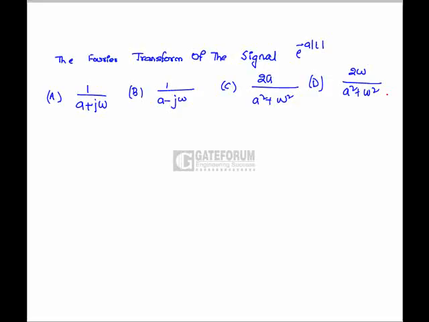What is the Fourier transform of the signal e power minus a mod t? So we can write e power minus a mod t as e power minus at u of t plus e power at u of minus t. For this one, we get 1 by a plus j omega.